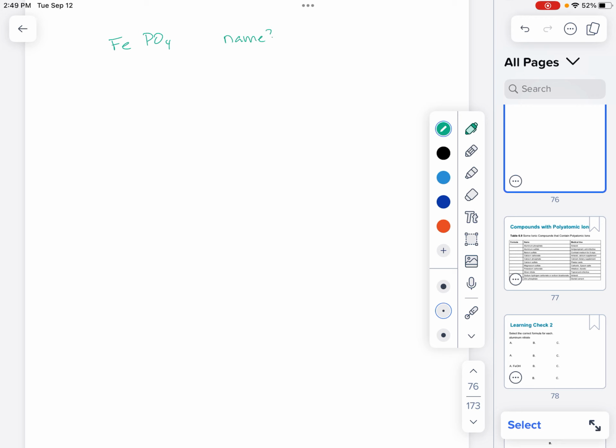Right away I go, PO4 is 3 minus. That means my anion total charge is minus 3. My cation total charge must be plus 3, and I only have 1. So that means this iron has to be iron 3. And so the name is iron 3 phosphate.